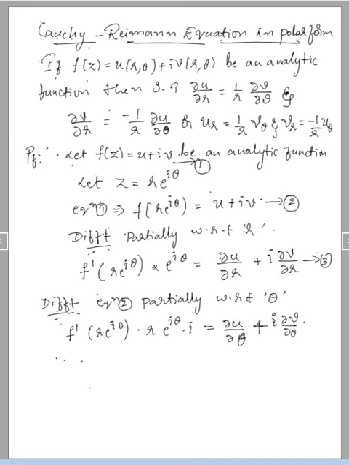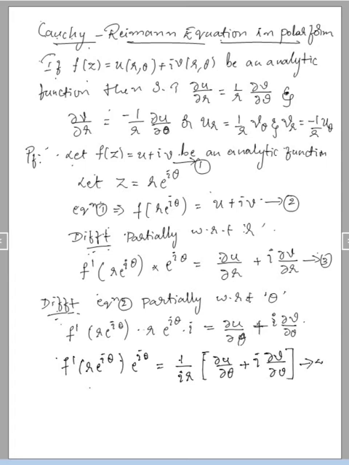We can rewrite this equation retaining f dash of r e power i theta into e power i theta on the left hand side, which is equal to, shifting i r, 1 over i r times of del u by del theta plus i into del v by del theta. So I will name this as equation 4.